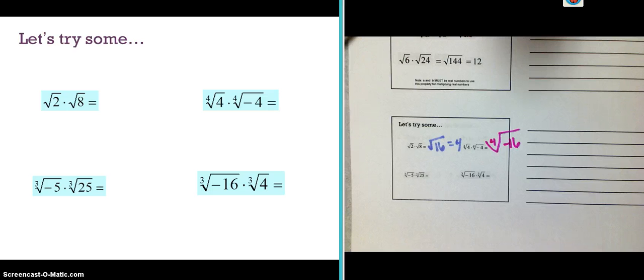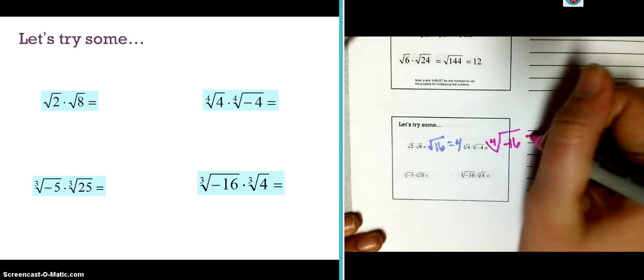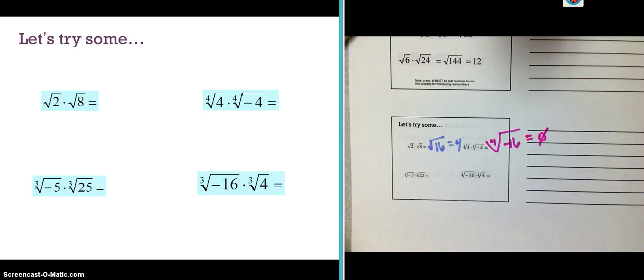You have a fourth root of a negative number. If you remember from the first lesson of simplifying, you cannot simplify a radical with a negative under it that is even. If it's odd, you can, but any even radical, you cannot simplify if the radicand is negative. So there's actually no solution for this one.